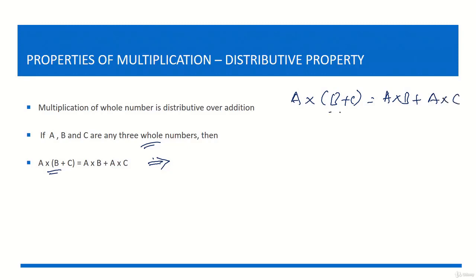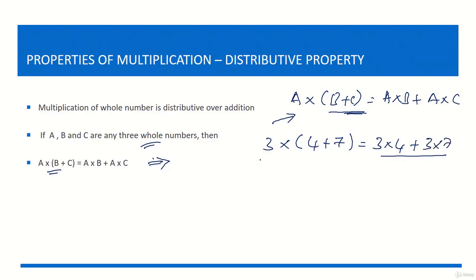A lot of problems will be asked based on this particular property, so you need to be careful about it and apply this rule. Let us check out 3 into 4 plus 7, which is 3 into 4 plus 3 into 7. The answer will be the same.